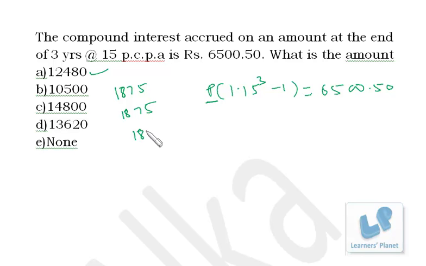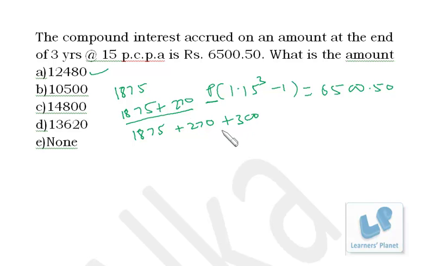Now if we talk about the compound interest, in the second year we have to add the interest of 1875 at the rate of 15% also. So 18 into 15, something around 270 rupees, around I'm taking, and in this year we have to add the interest of this 1875 and 1875 plus 270, so something around 300, but more than that, right?